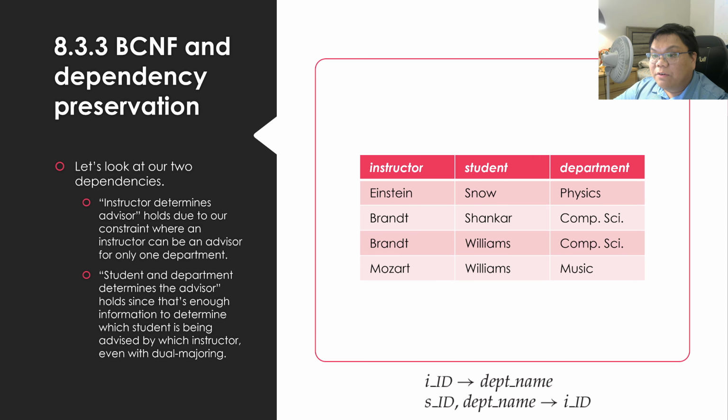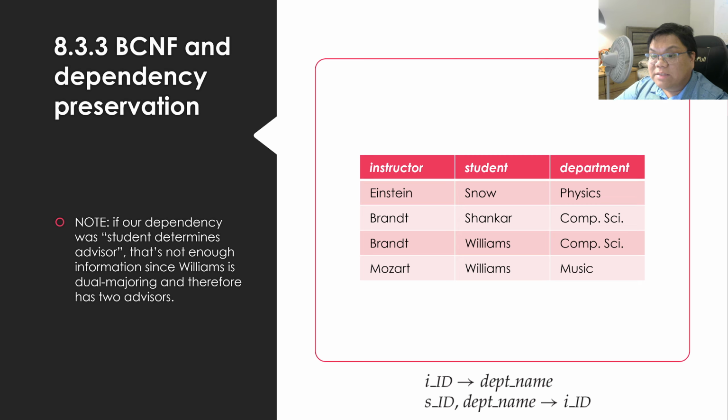Let's bring back our 2 functional dependencies. Instructor determines advisor holds due to our constraint where an instructor can only be an advisor for only one department. Student and department determines the advisor holds, since that's enough information to determine which student is being advised by which instructor, even if a student is dual majoring.